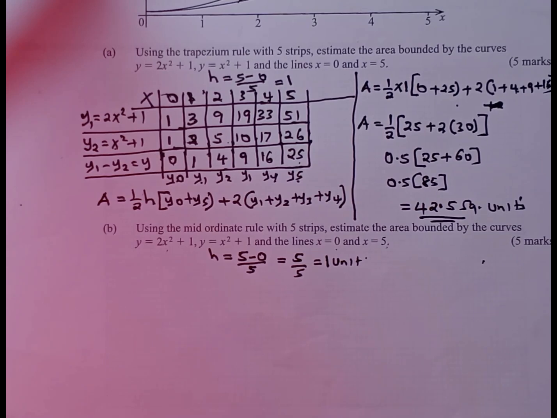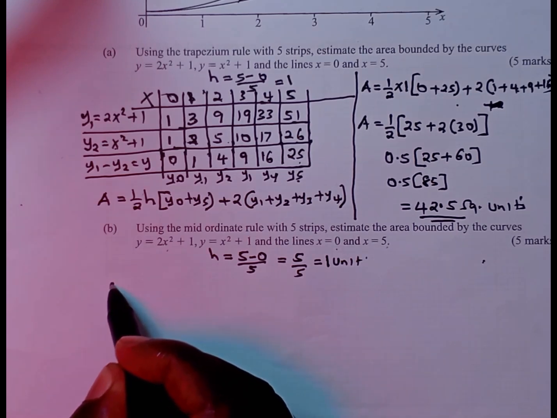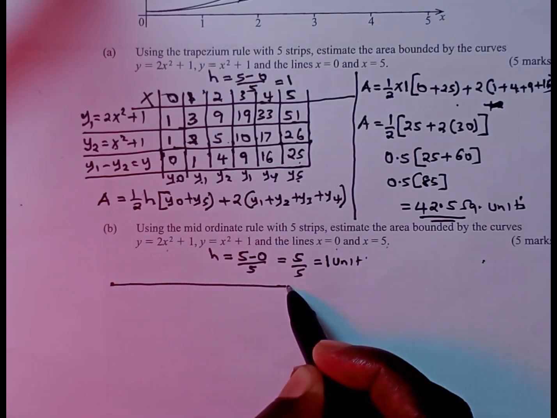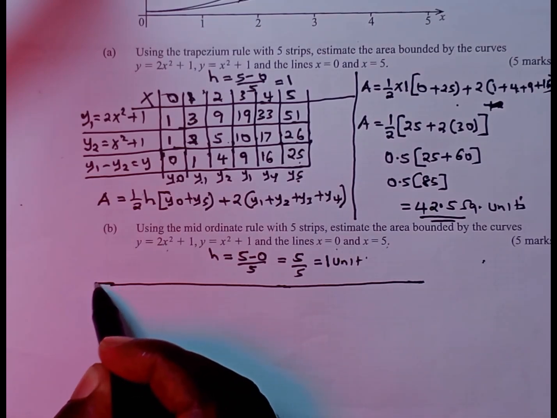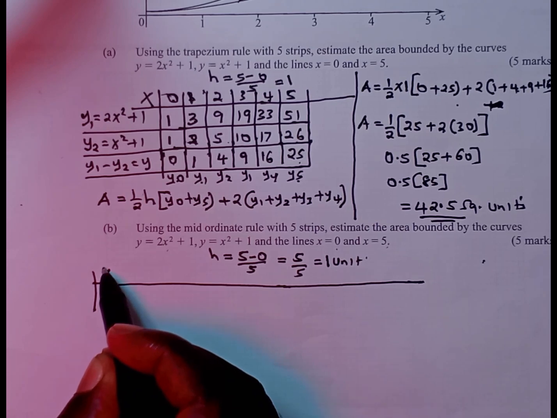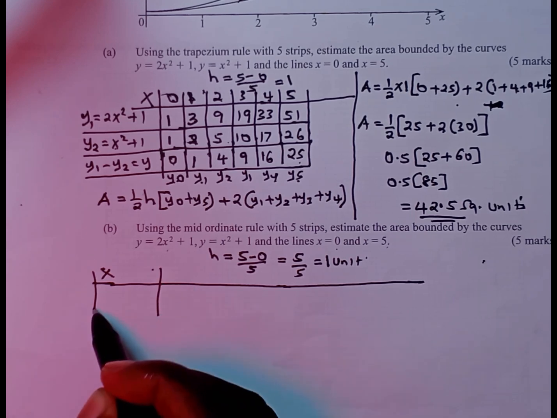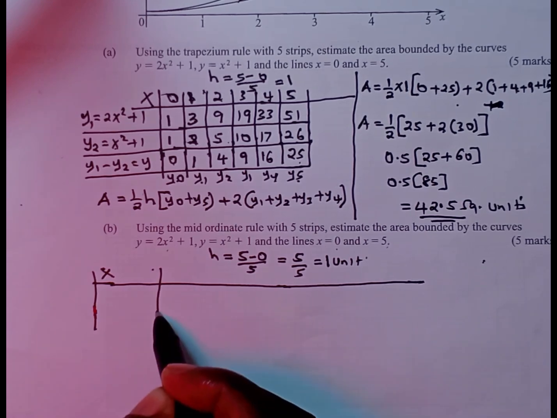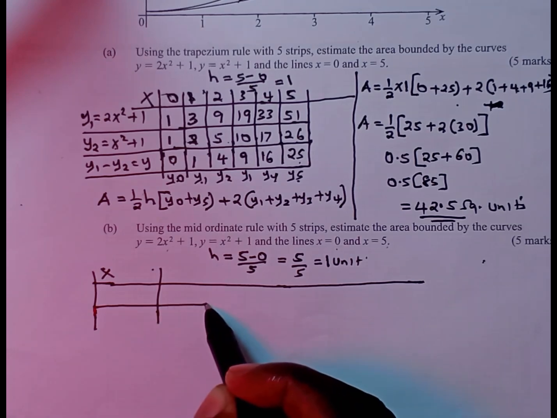Once you have the height, we are going now to develop a table. We are going to develop a table for the 2. We are going to have x here. The values of x are going now to change.